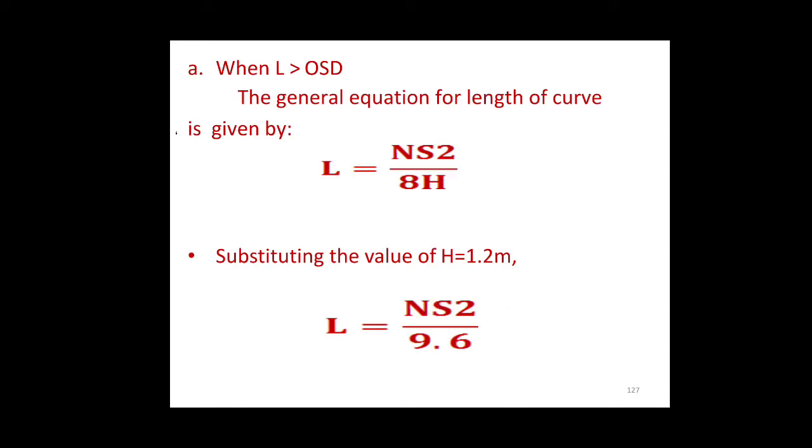So the general equation for the length of the curve is given as L equals to NS square upon 8H, where capital H equals to 1.2 for the overtaking sight distance, and substituting the value of H by 1.2, we get L equals to NS square upon 9.6.